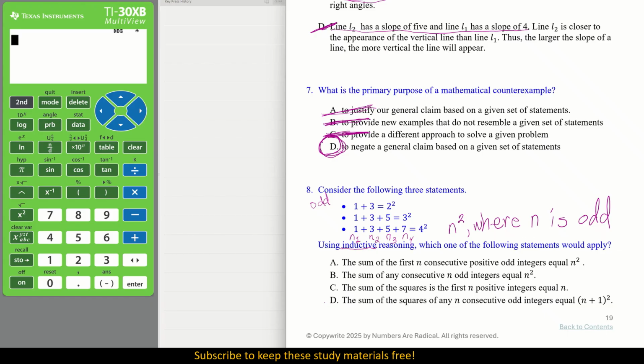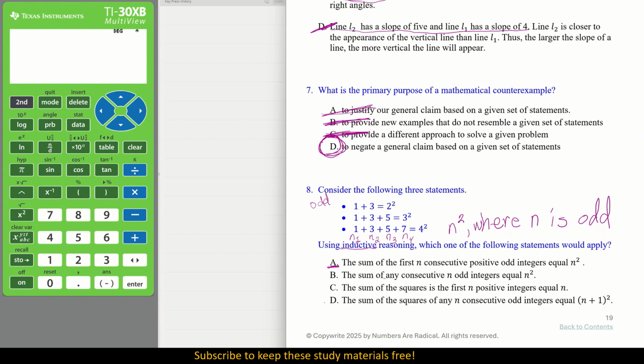A, the sum of the first n consecutive positive odd integers equals n squared. That fits. However, I'm going to underline it as a possibility. The issue is we need to look at B. The sum of any consecutive n odd integers equals n squared.